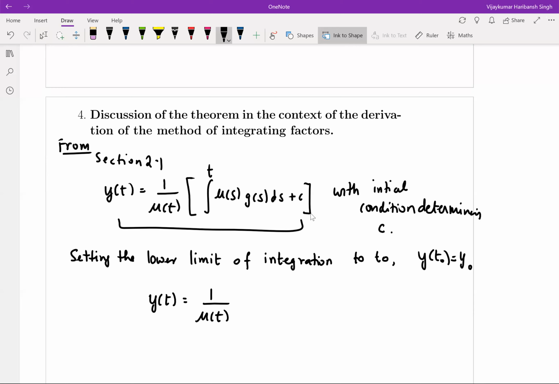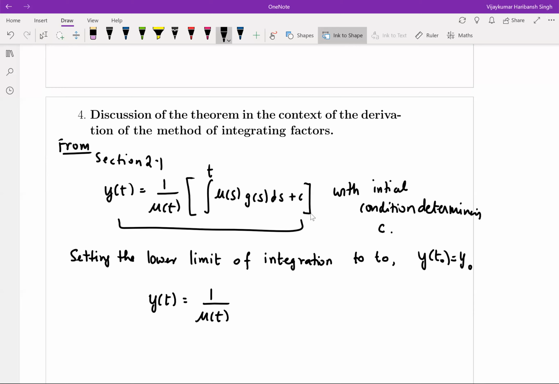Now we can write, setting the lower limit of integration in this integral to t naught, we already have y of t naught equals y naught.